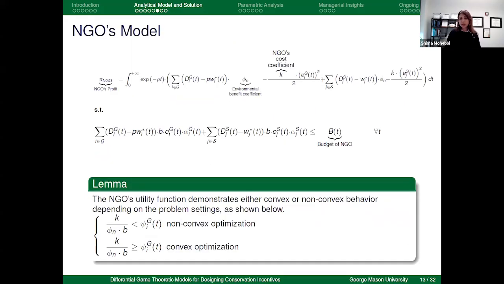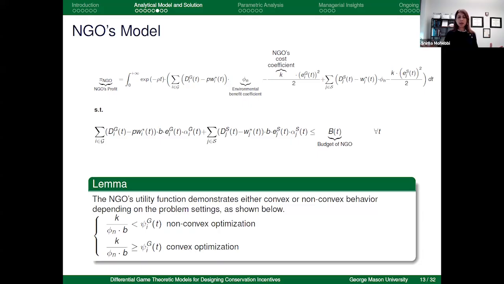Moving on to the NGO's utility function, it includes the environmental benefit as well as the cost associated with designing the incentive, such as time, money, and effort. The constraint represents the total budget available for monetary incentives.